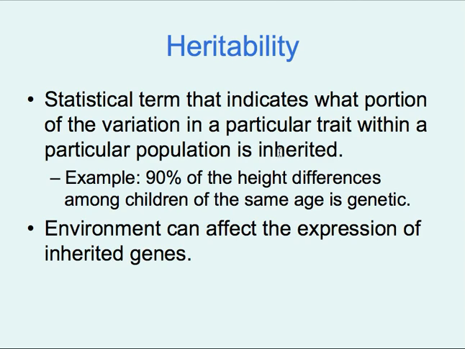How much of the variability in height difference in, say, our class can be explained by genetic differences? About 90%. That means that about 10% of the variability in the height of our class can be explained by differences in their environment. Now, here's an important thing to remember: just because 90% of height differences among children can be explained by differences in genes does not necessarily mean that 90% of your height is determined by genes.